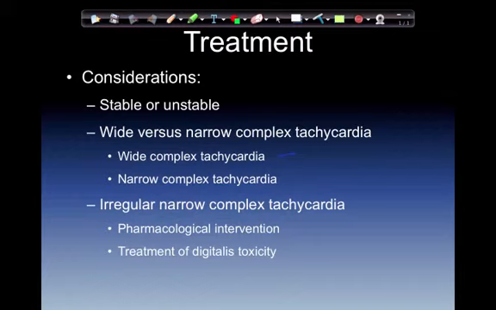Irregular narrow complex tachycardia: it is better to use pharmacological intervention on something like AFib. Slowly ease them into that therapeutic index, though. If we have no other way out, then we should probably initiate a synchronized cardioversion.